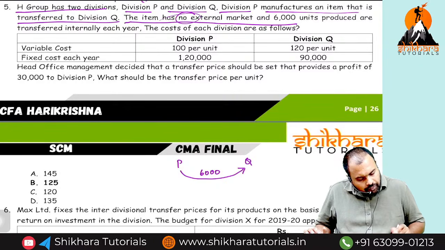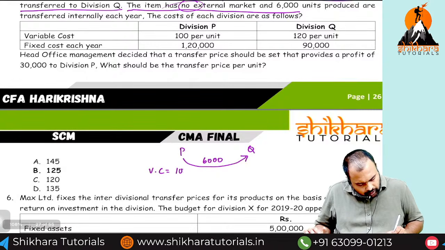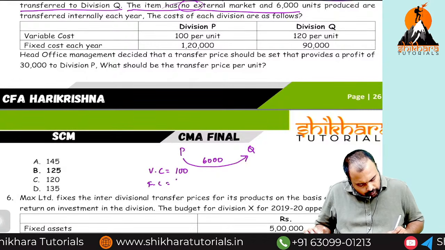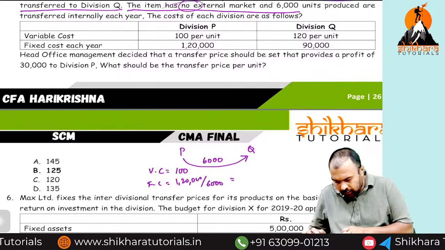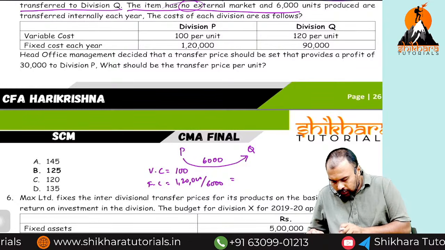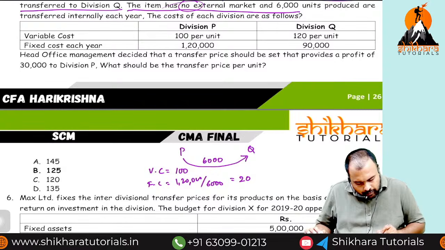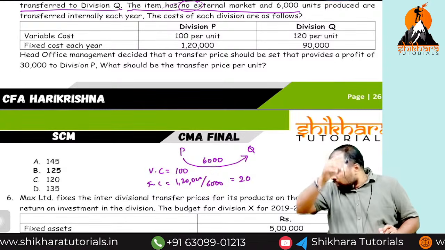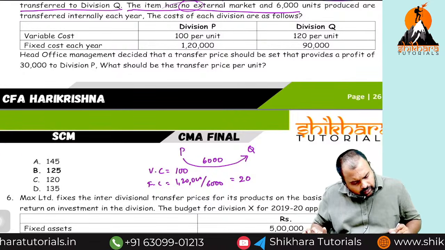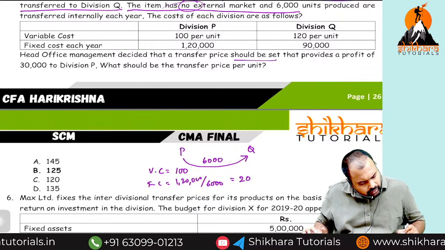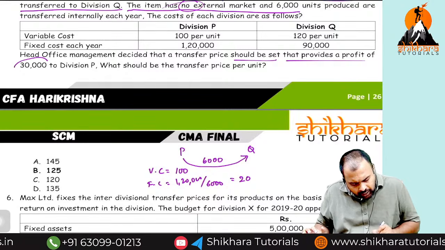The costs of the divisions are as follows. For division P, variable cost is 100 and fixed cost is 1,20,000, which per unit, divided by 6,000, is 20 rupees. Head office management decided that the transfer price should be set so that it provides a profit of 30,000 to the division.